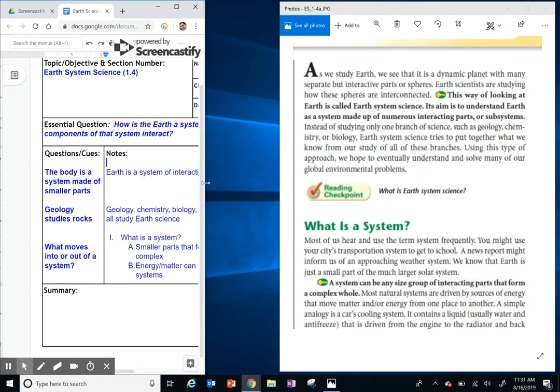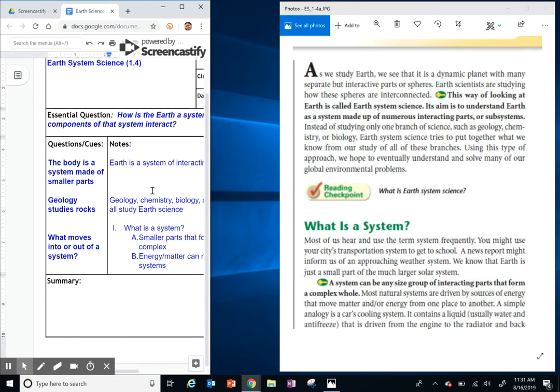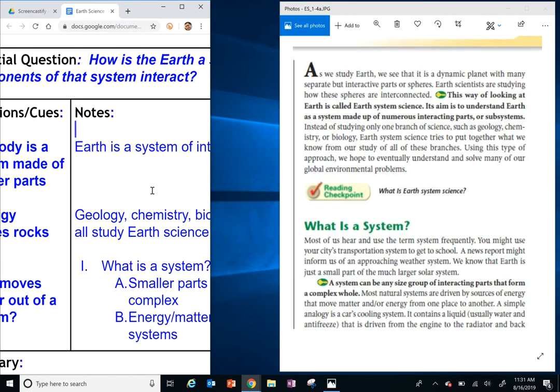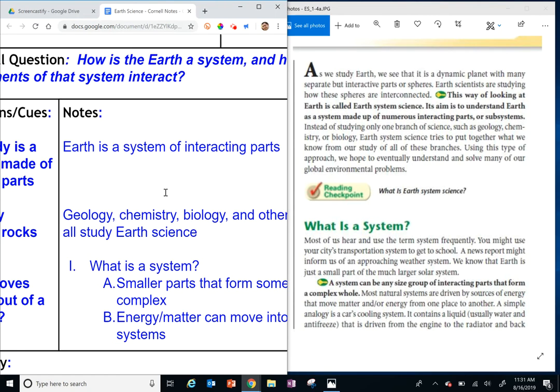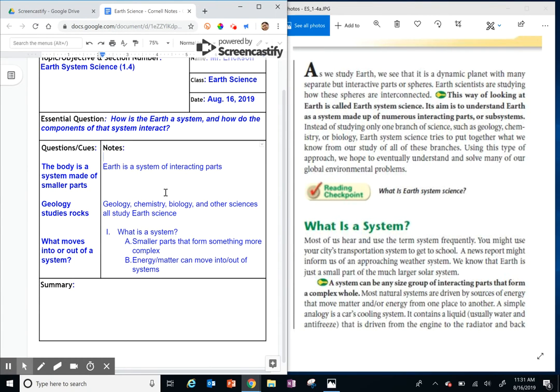But if I could hide that section of my notes, still didn't work. I would cover those. If they were on paper, I would cover that right half, and I would just study all of my questions in the question section and use that as a study guide in preparing for a test or a quiz. Okay, this is what I need to know.